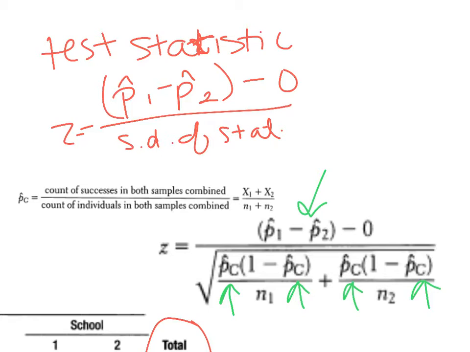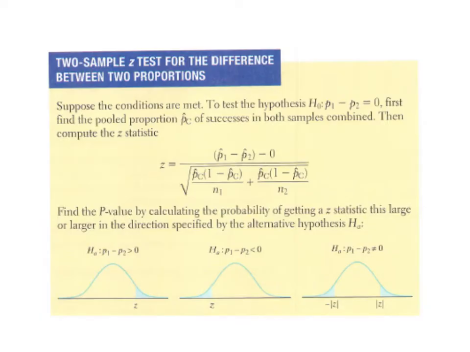So this just summarizes, reminding you that when you're using your two-sample z-test, if the conditions are met, I need to find that pooled proportion in both combined samples before I can compute the z-statistic.